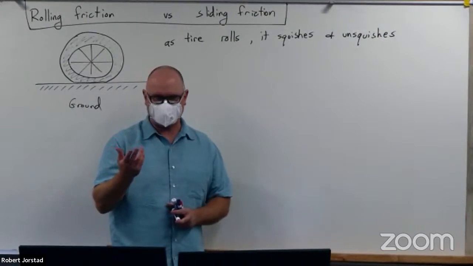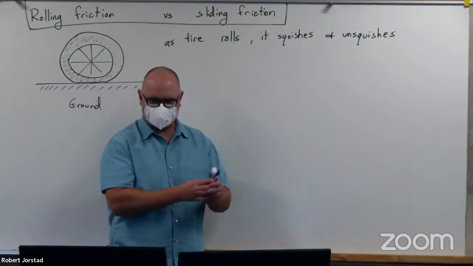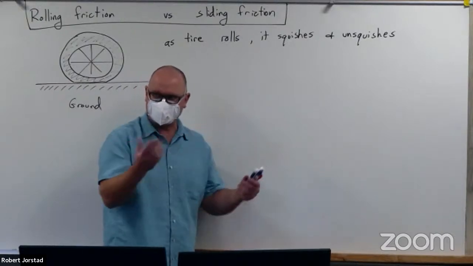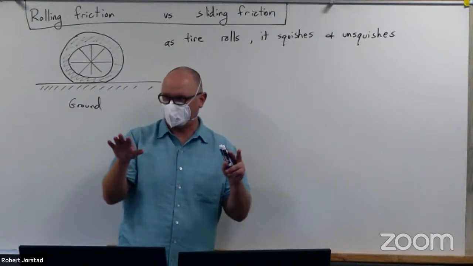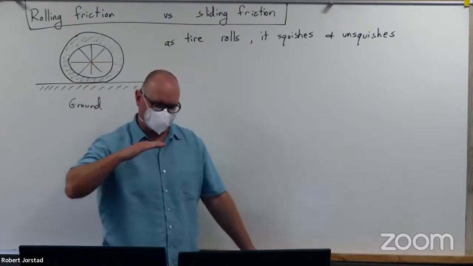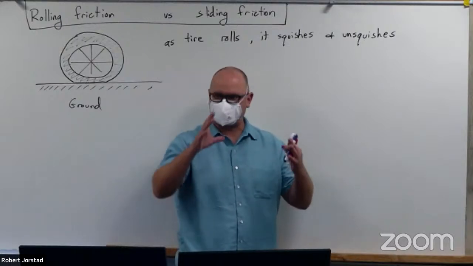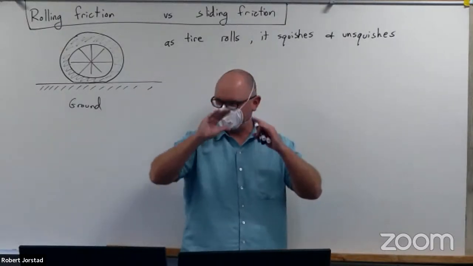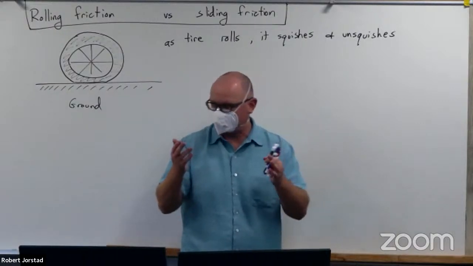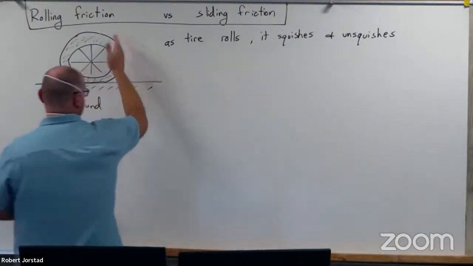I think you could agree with that, right? Just think about this. If you're rubbing your hands over and over, they get warmer. If you were smushing something over and over again, it would gradually get just ever so slightly warmer, right? That's an energy loss. When you're driving forwards, you're going to lose some energy associated with this constant squishing and unsquishing. That energy loss we associate with a property known as rolling friction.